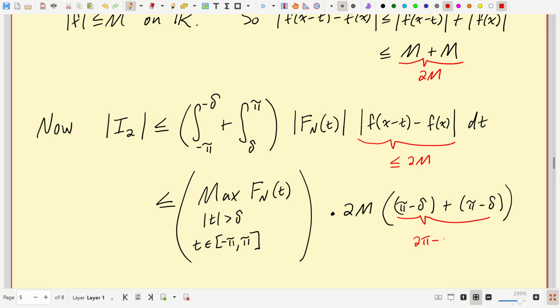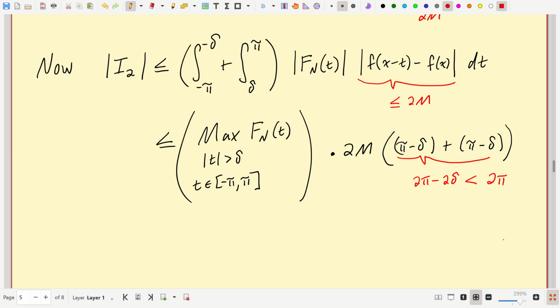Two pi minus 2 delta, and that's less than 2 pi. Okay, so I get some numbers on there, but I can make this as small as I want. I can make it small as desired by choosing n big.